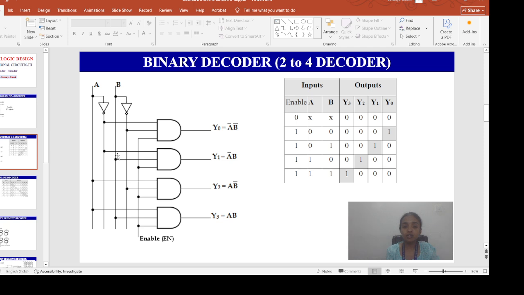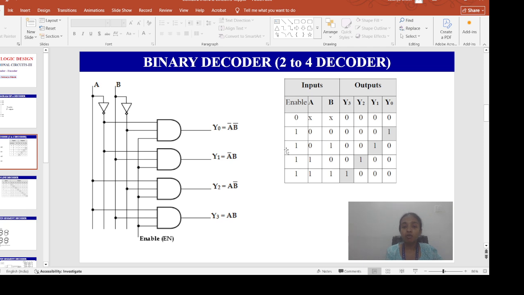Similarly, this is B and this is the B bar line. So Y0 means A bar into B bar and E. Take a line from A bar, a line from B bar, and the enable line, and put them in a 3 input AND gate. This is your Y0 output.